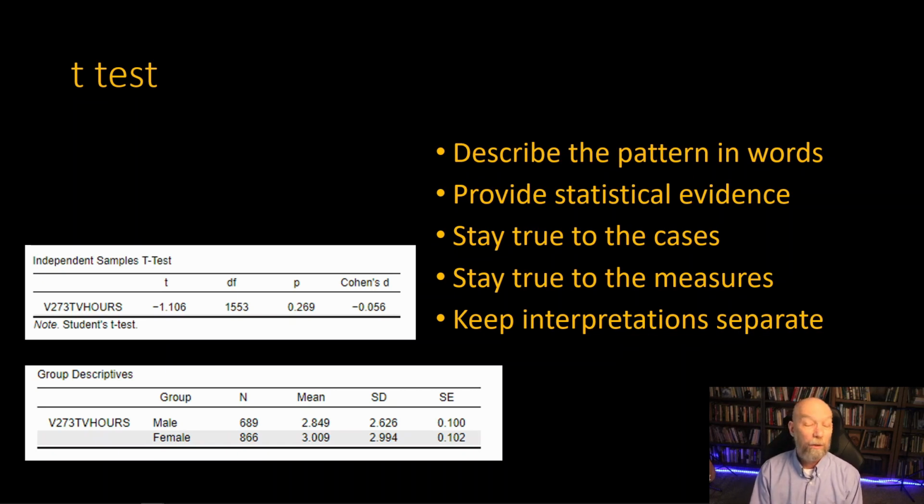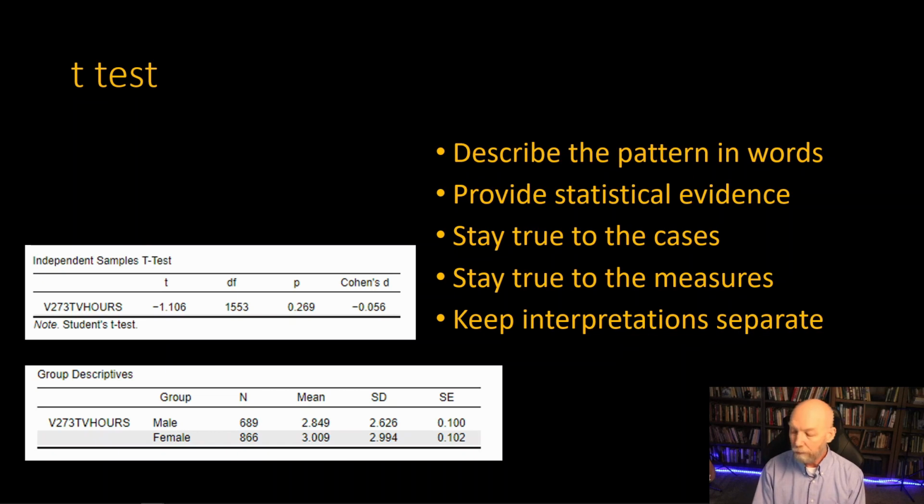And when we're describing these things in words, we want to make sure that when we start speculating about what it might all mean or why it might all turn out this way, we keep those interpretations separate, so we can keep our description of empirical patterns separate from our discussion of what we think it might all mean, what it might tell us, what we might do, or the consequences of it. So we keep our interpretations separate in our writing and in our presentation enough that people don't think we're trying to mislead them and claiming our interpretations are factual, when in fact they are extrapolations from what is factual.